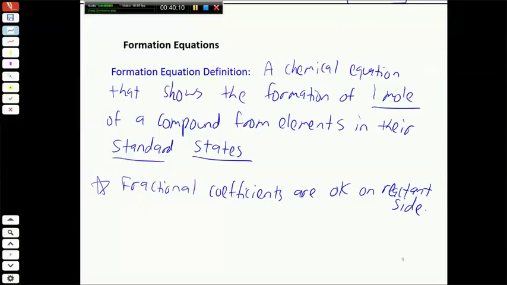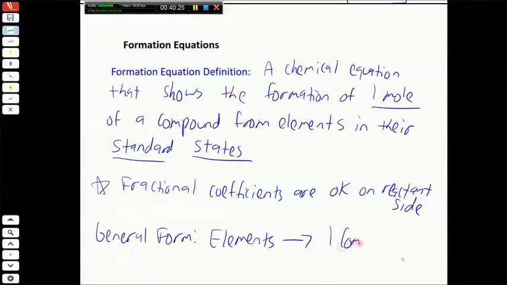That's the only thing. So the general form is going to look like this. On the reactant side, you're going to have some combination of elements. And on the product side, the only thing you're going to have is 1 mole of a compound, with a coefficient of 1 in front of it. All right, so that's what formation equations look like.